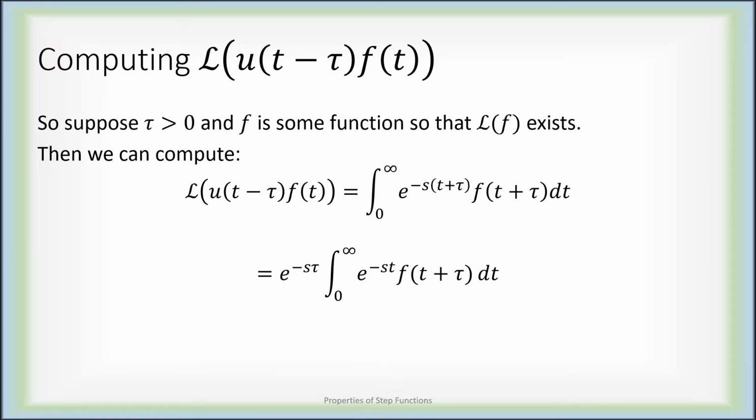So once we factor out e to the minus s tau from this integral, the variable of integration is t, so e to the minus s tau is effectively a constant and can be factored out. Now what do we have? The integral from 0 to infinity, e to the minus st f of t plus tau, which is exactly the Laplace transform of a shifted version of f. It's the Laplace transform of f of t plus tau.